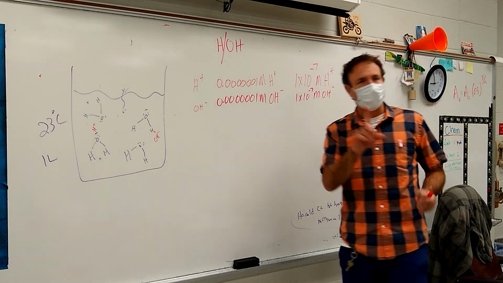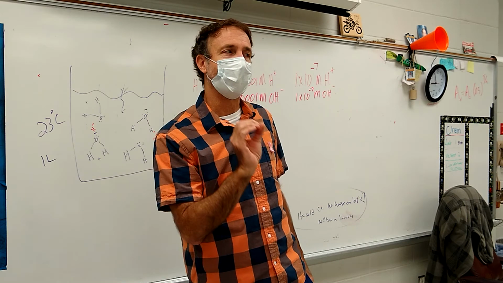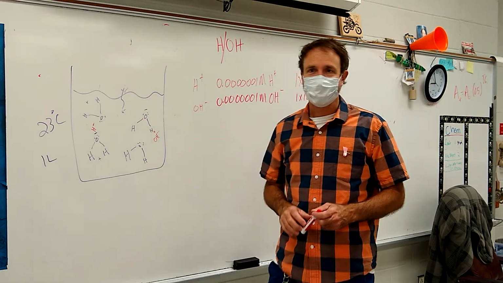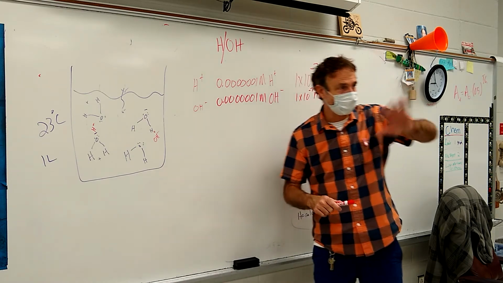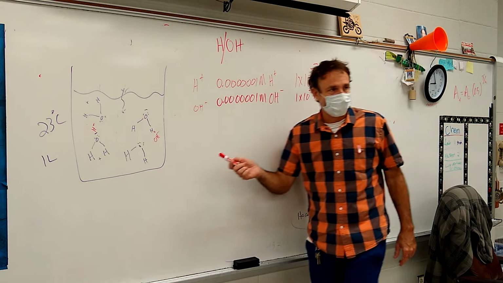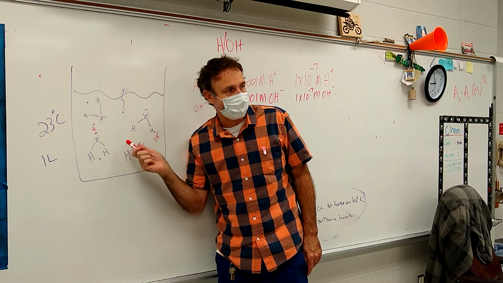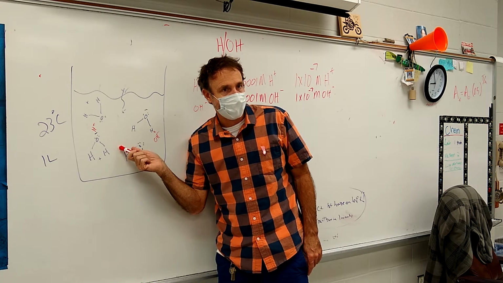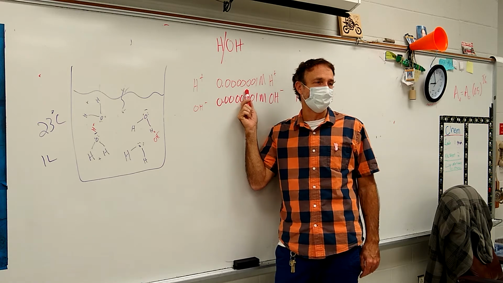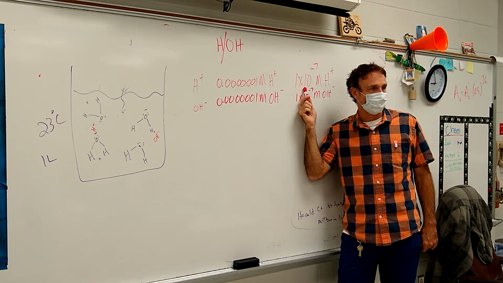Let's think of one more way to write the molarity of this H plus. And you're going to be like, what? Ready? Remember, there are very few free H's and OH's in this water. There's so few that its molarity is 0.0000001 molar, or 1 times 10 to the negative 7th molar.